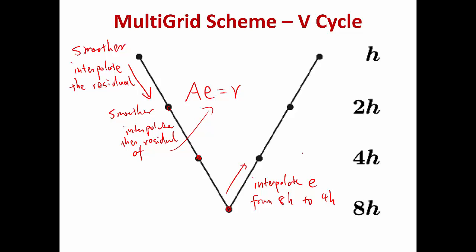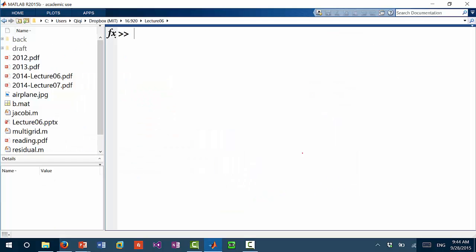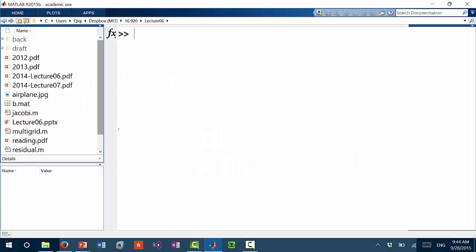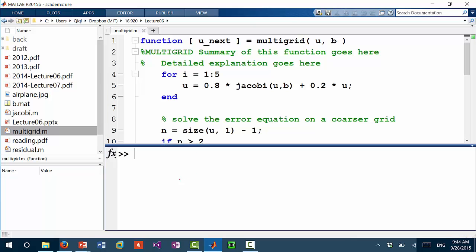All right. When we go to the code, actually the mechanism of a recursive function call makes all this a lot easier. So, for example, let's go to the code. Okay, I basically copied the multigrid function we wrote to the new folder, and we also constructed the right-hand side.